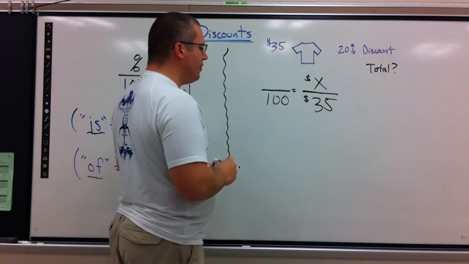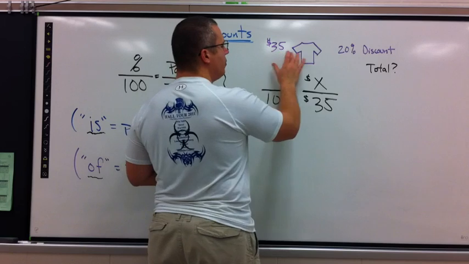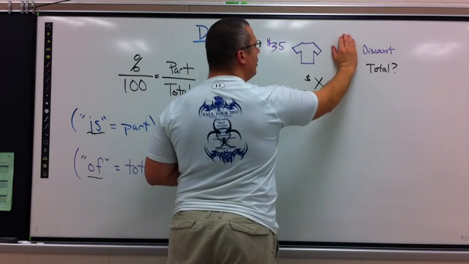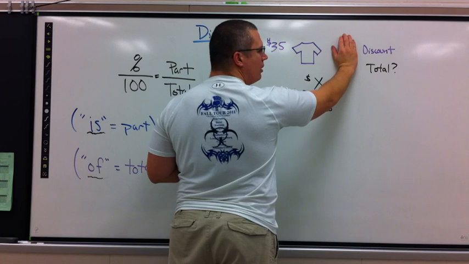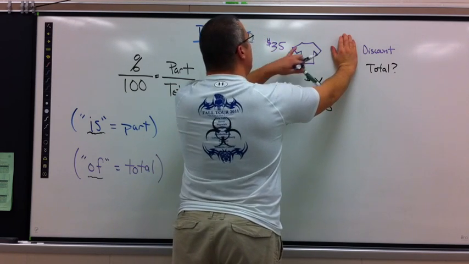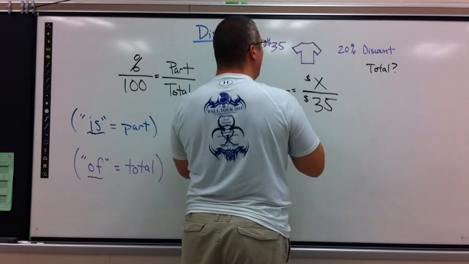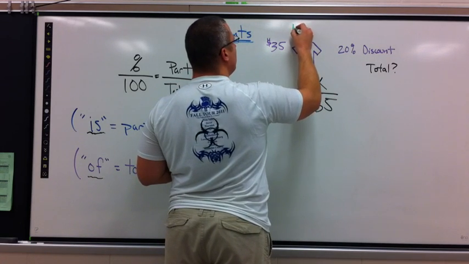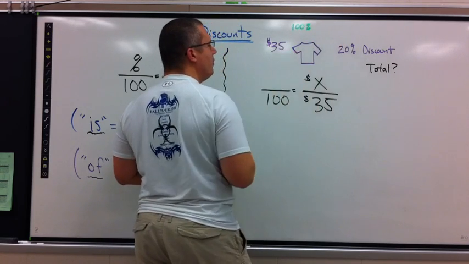Now here's what I want you to visualize. If I was paying all of this shirt, if there was no discount, what percentage of the t-shirt would I be paying for? If there was no discount, normal price $35, what percentage of the shirt would I be buying? Hopefully you think 100%. I would be buying all 100% of the shirt.